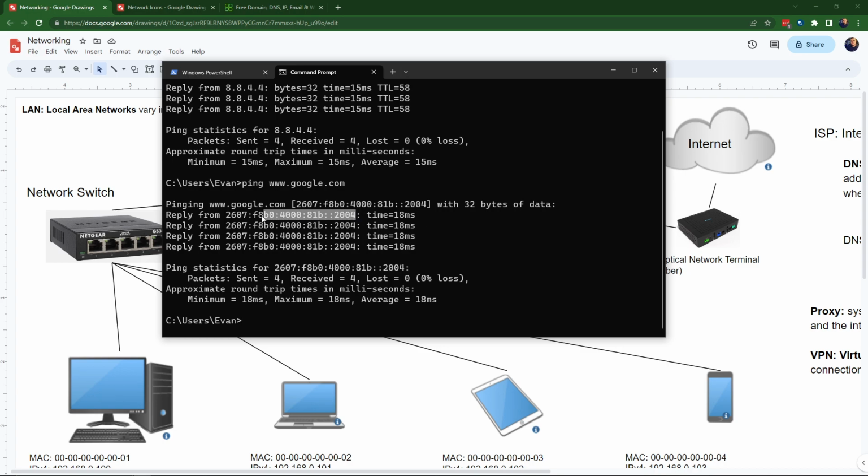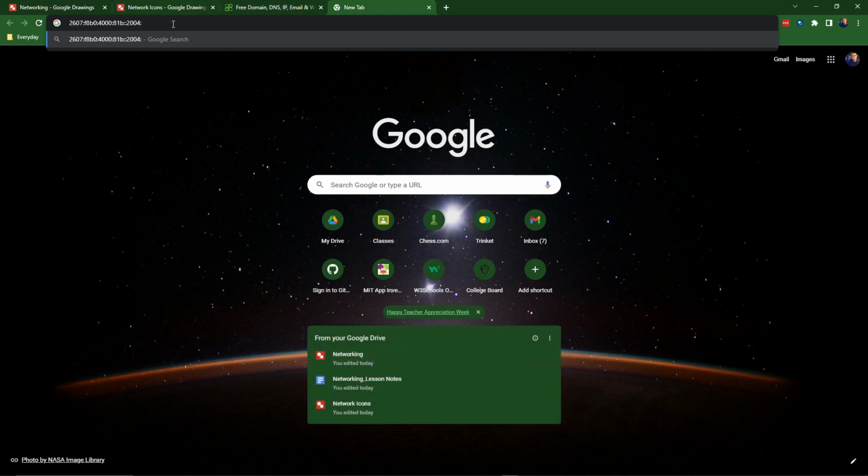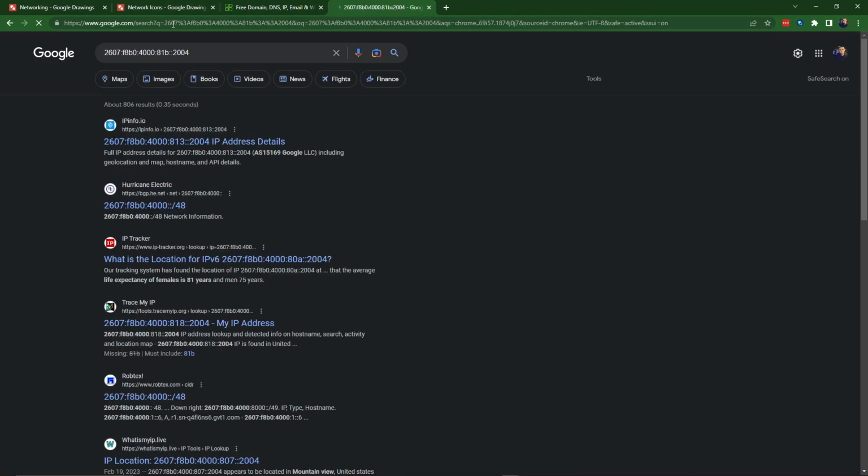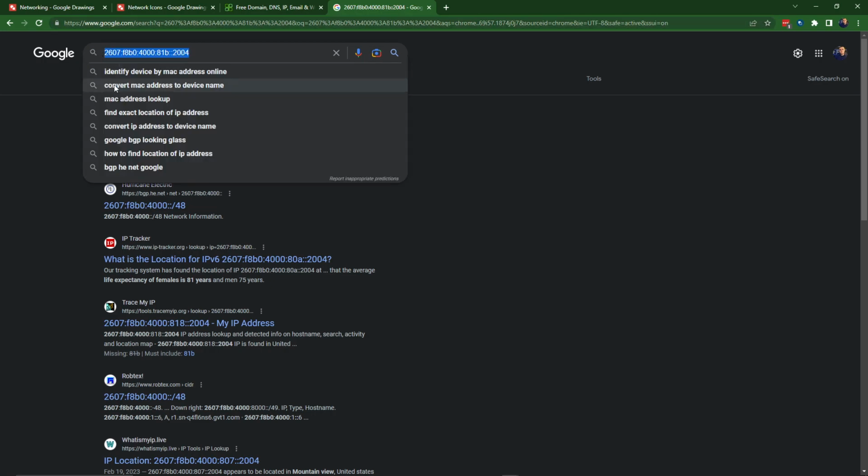And just for funsies, let's see if we can copy that. It'd be kind of hard sometimes to get all that right. Grab that. So in the address bar, it doesn't like these IP version 6 addresses, especially the way I have it written.